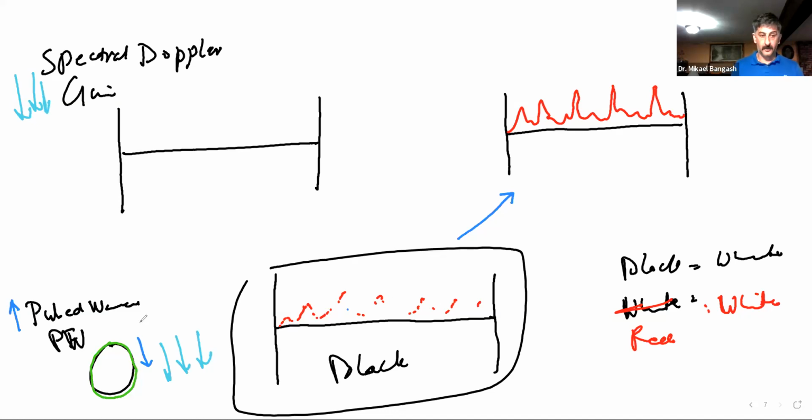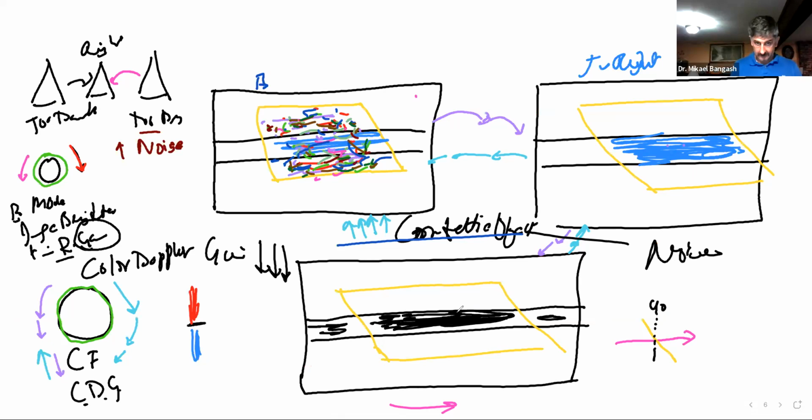So that's when you can say, let me just increase what we just called the spectral Doppler gain, which mainly means the intensity of these reflections is going to be increased, just as we had receiver gain in B mode, just as we had color Doppler gain in color flow.